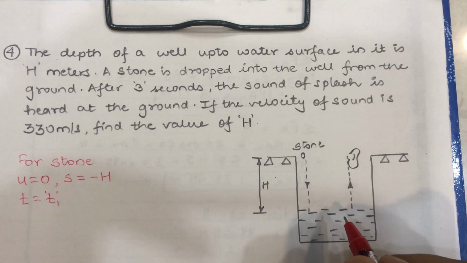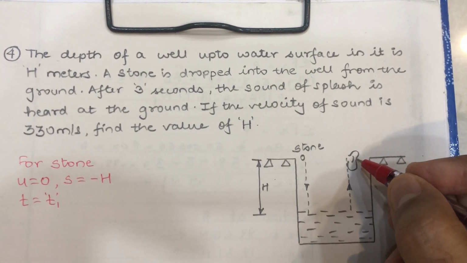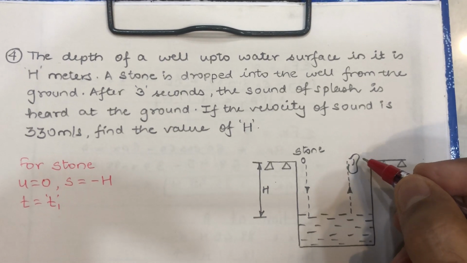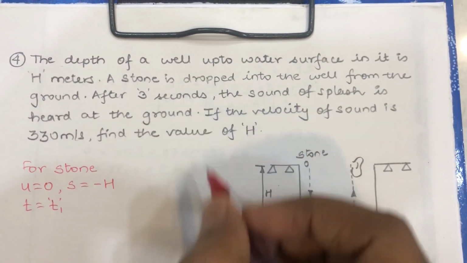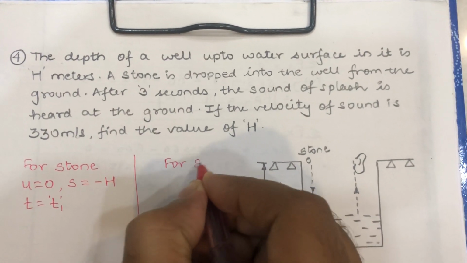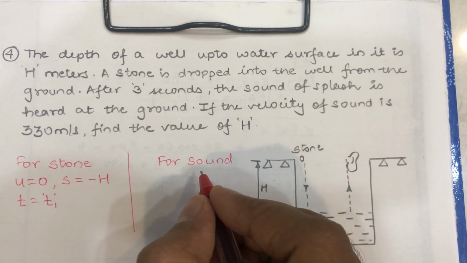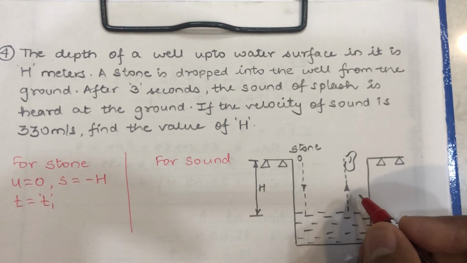At the same time, the sound reaches the observer's ear after some time. So we'll take a condition for sound. For sound, as you already know, the velocity of sound is constant.